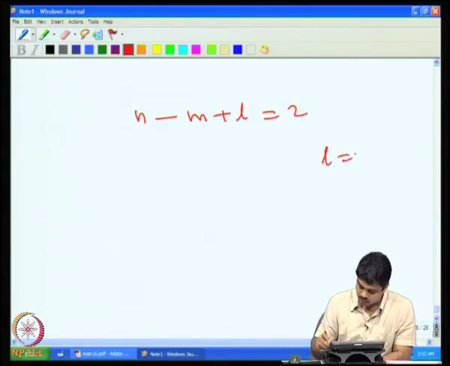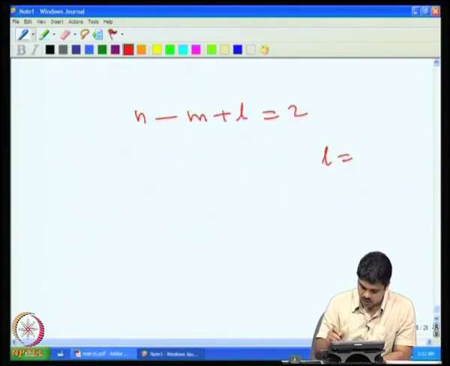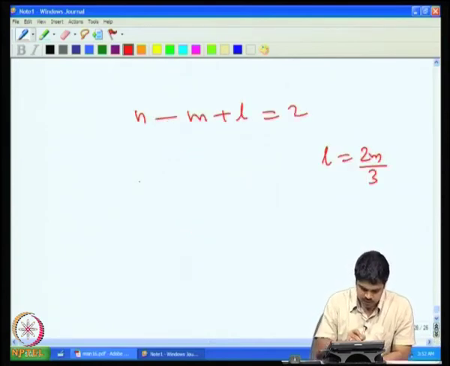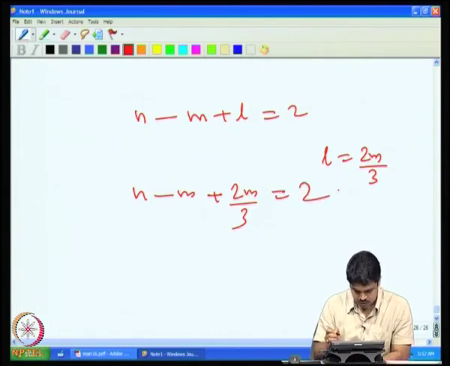Now, I can substitute in the Euler formula n minus m plus l equal to 2, with this l equal to 2m by 3. So, what happens? n minus m plus 2m by 3 equal to 2. Now, this is essentially n minus m by 3 equal to 2.